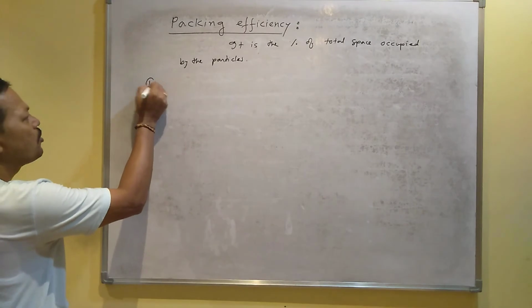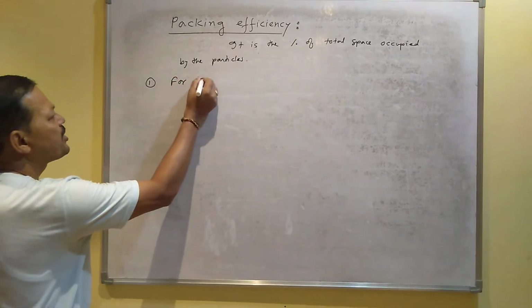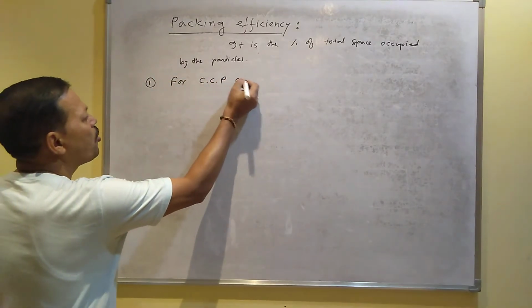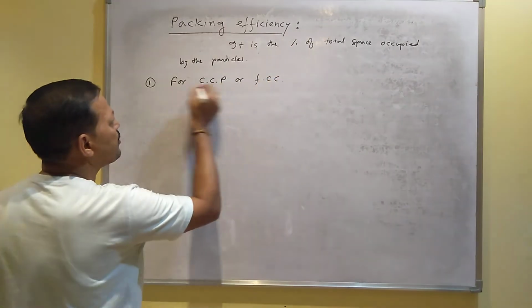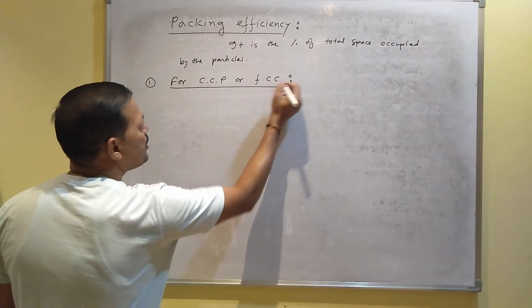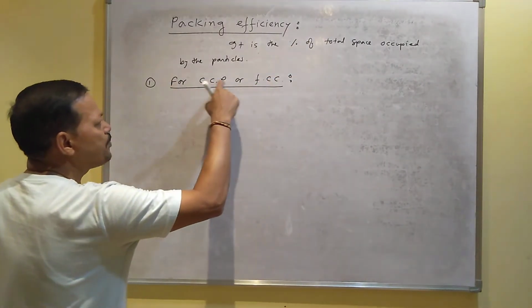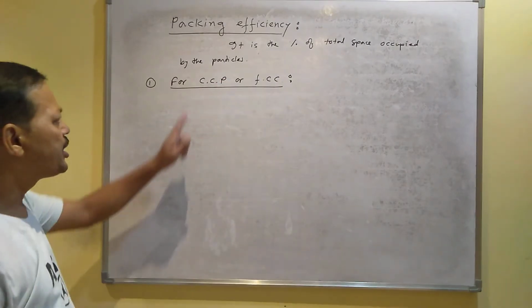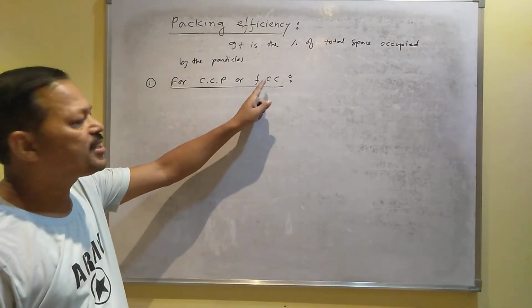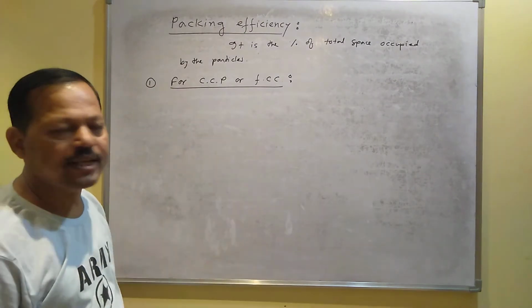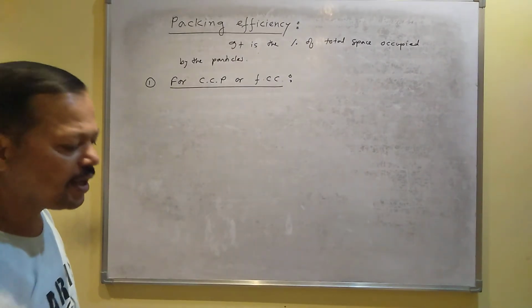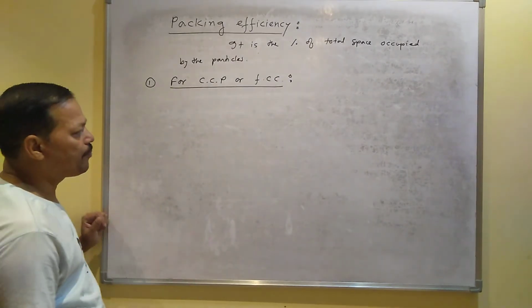So number one, we will determine for CCP or FCC. You know, FCC means face-centered cubic and CCP means cubic close packing. Cubic close packing and face-centered cubic, the arrangement is the same. So FCC is said to be CCP also, arrangements are the same.